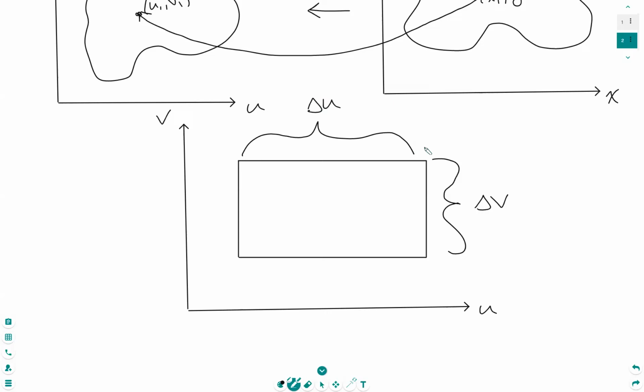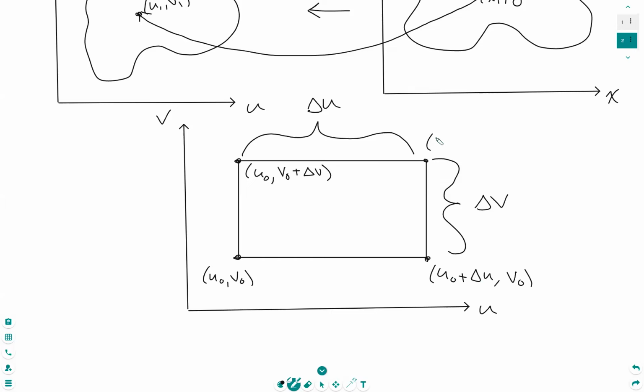And what I can do is write out the coordinates of each of these points on this rectangle. This is maybe U0, V0. Up here, U doesn't change, but now I go up by a delta V. Over here, I have U naught plus delta U, V naught.